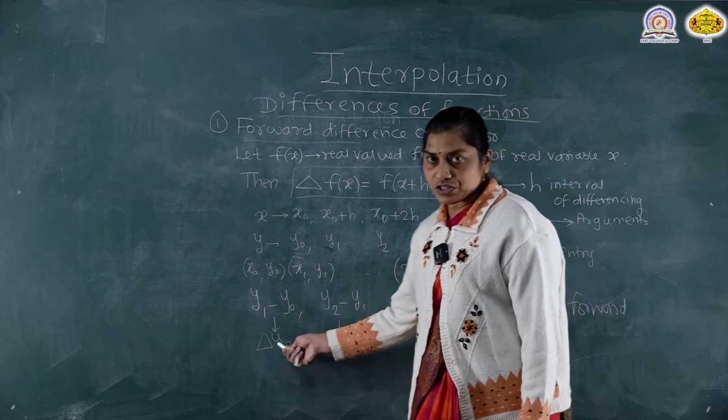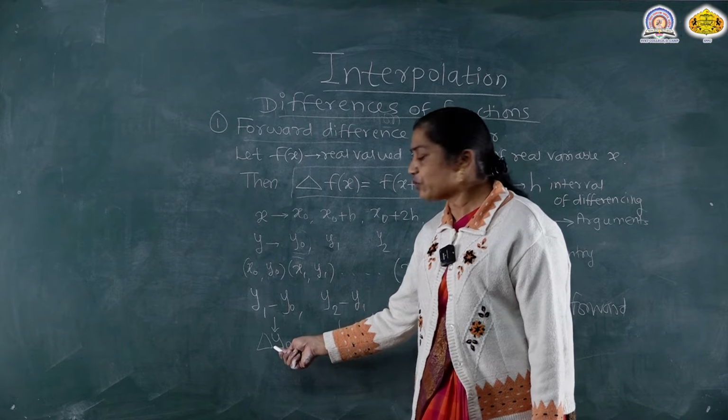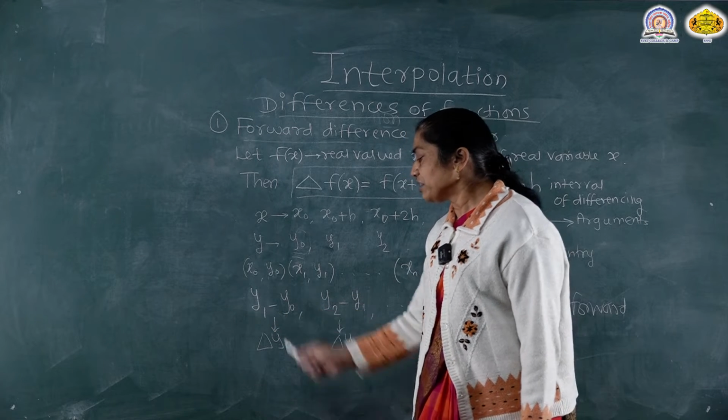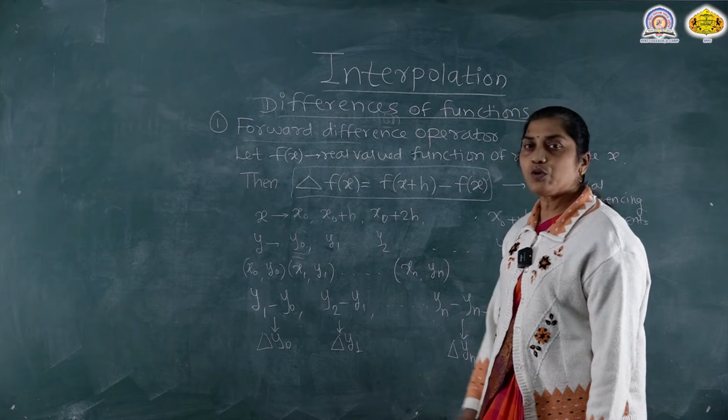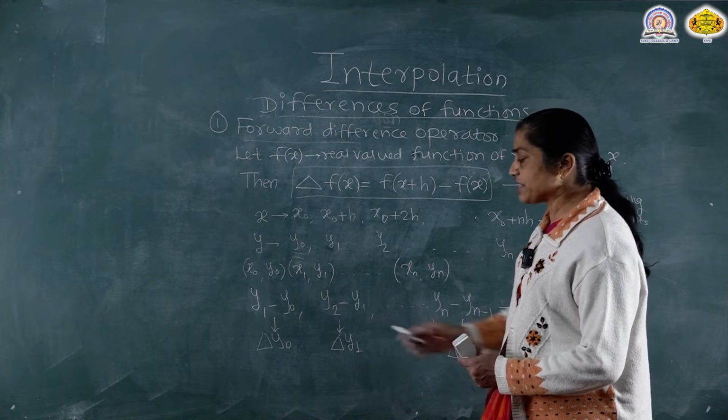So delta y0 is the first forward difference y1 minus y0. Delta y1 is equal to y2 minus y1, etc.